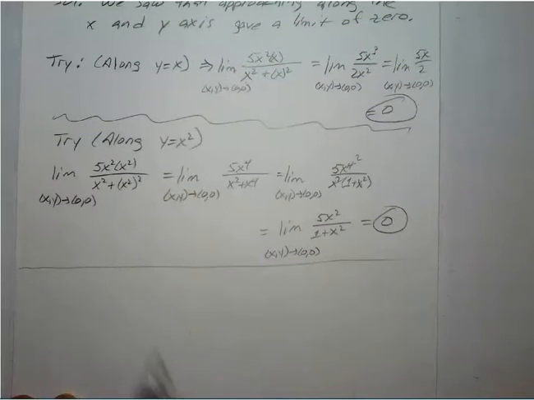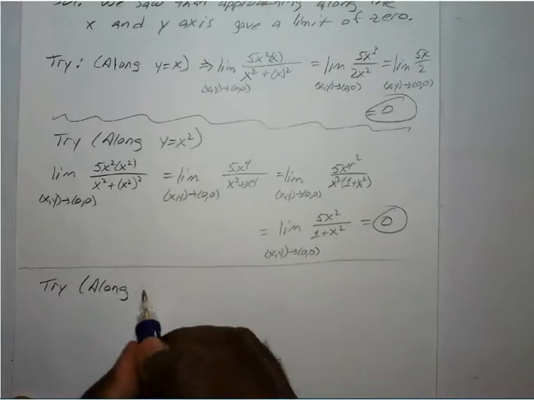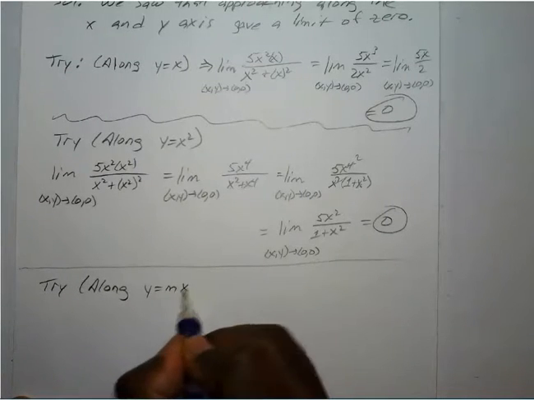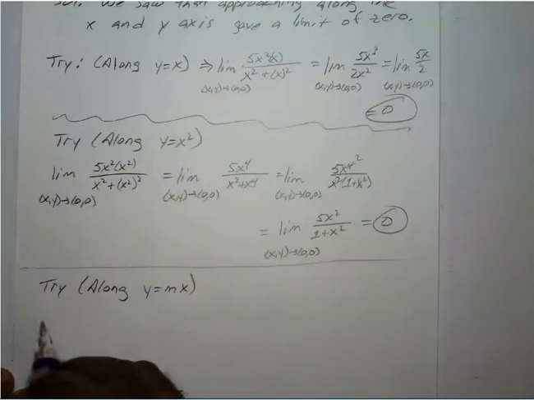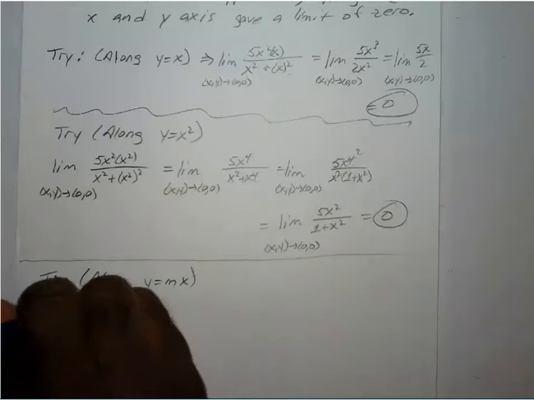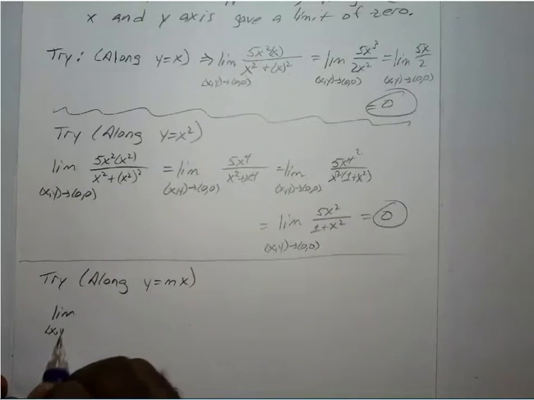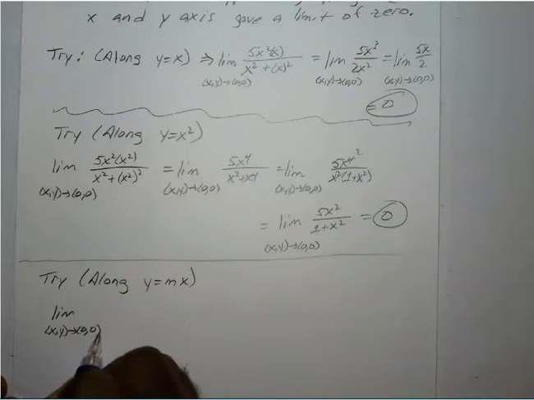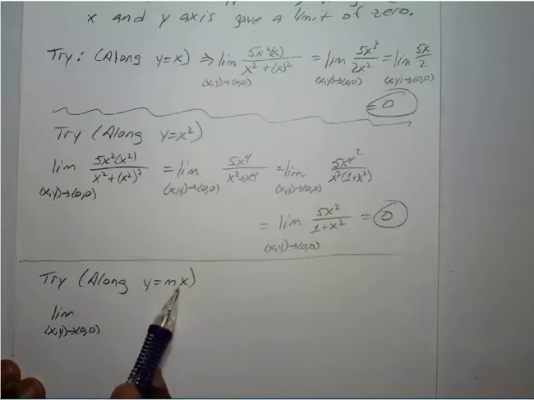Okay, so let's try one more, along, let's say, y equals some linear function of x. So y equals mx. We have the limit as (x,y) approaches (0,0), and we're going to replace every y with mx.